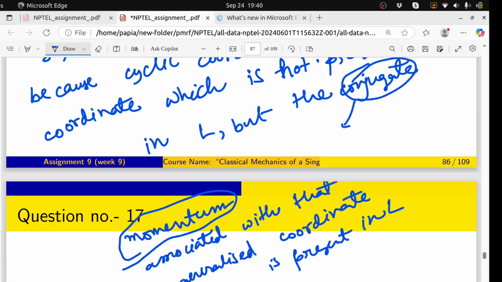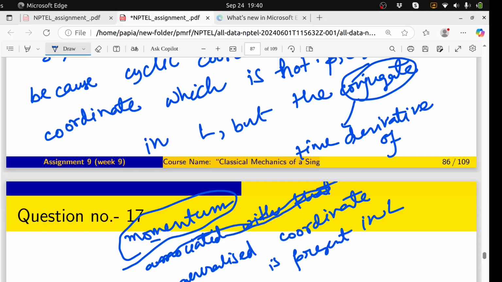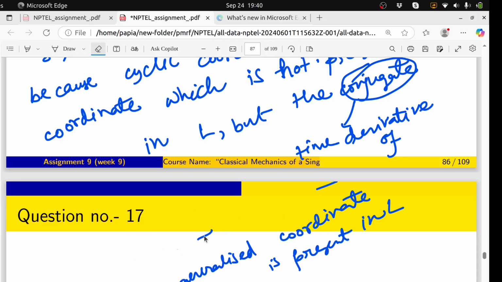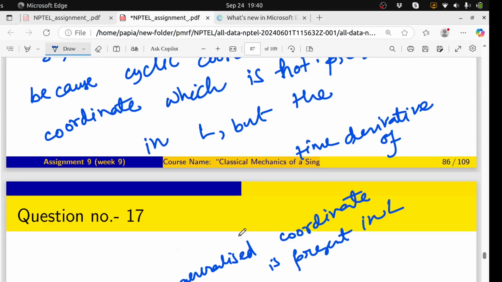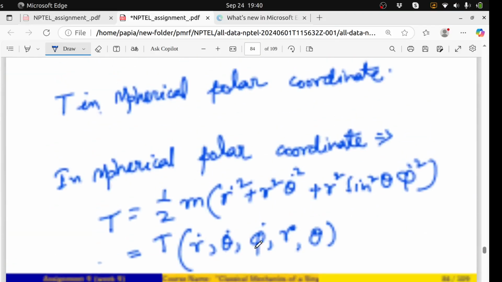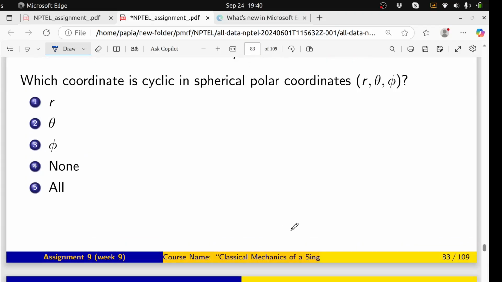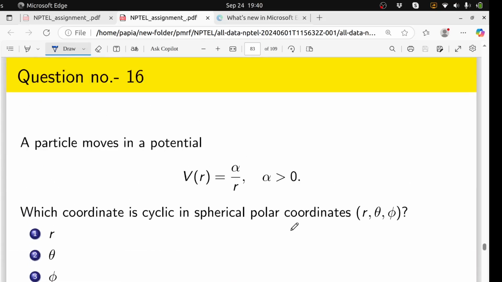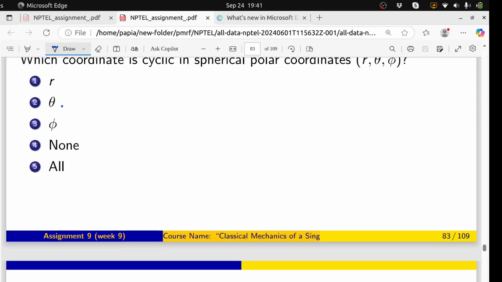It can be written as the time derivative of the generalized coordinate. So now we can see that phi is the only one which is the cyclic coordinate. So which coordinate is cyclic in spherical polar coordinates? It will be phi.